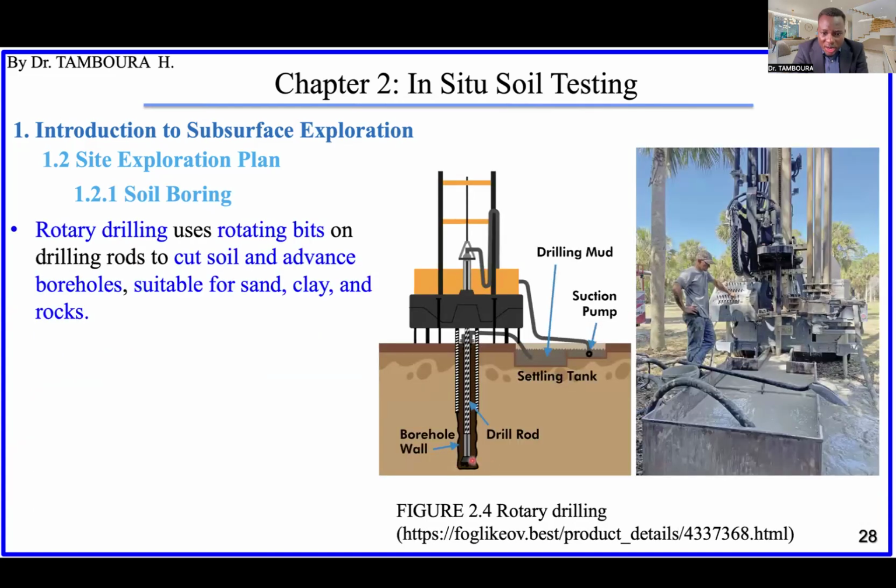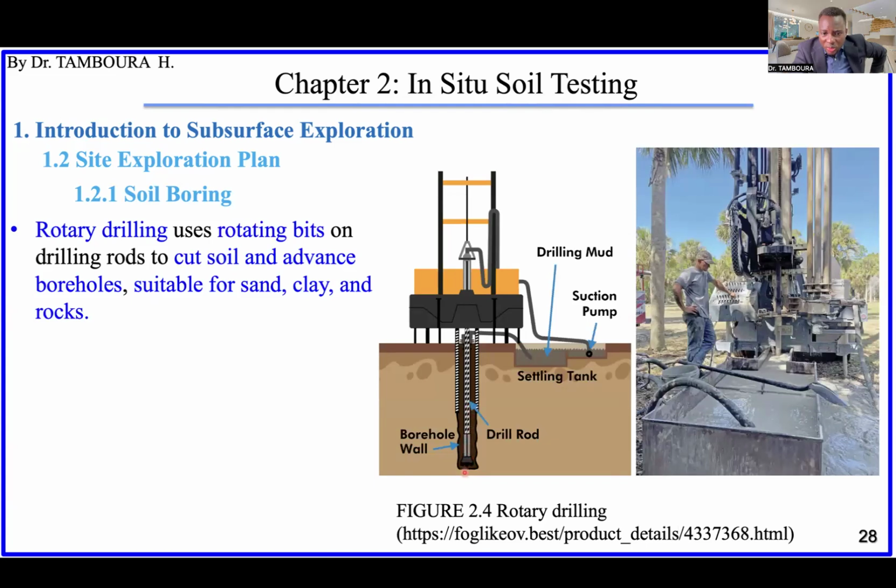So this is cutting the soil. And we were talking about support. Maybe this kind of thing is supporting the borehole so that the soil will not collapse inside. So this equipment will be breaking, cutting the soil, rotating.